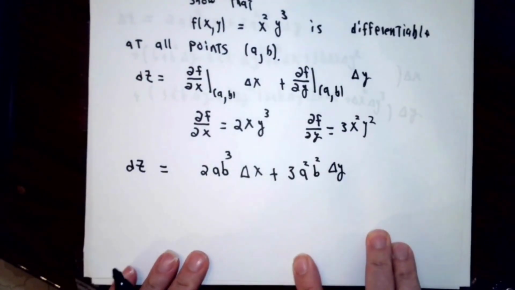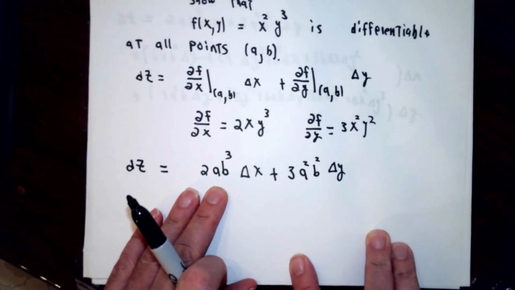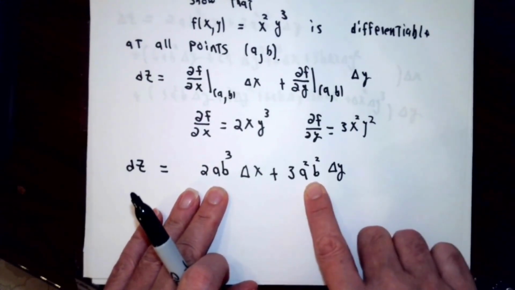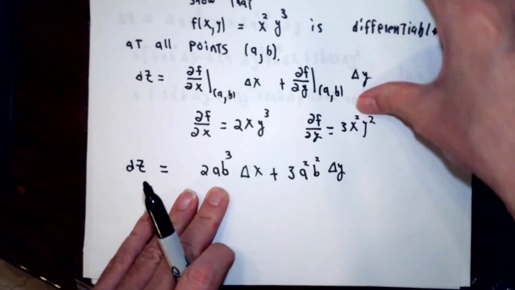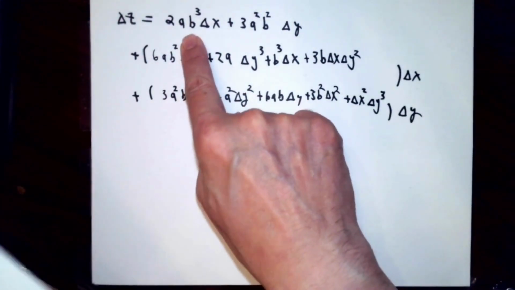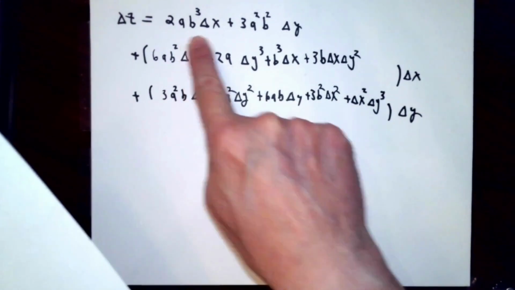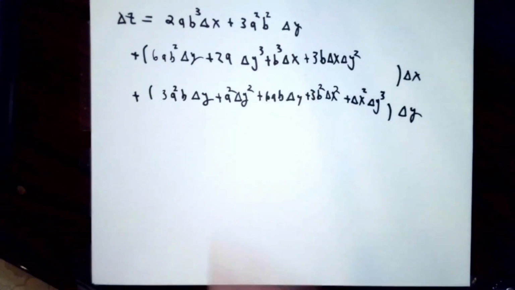When we calculated dz, it was 2ab cubed delta x plus 3a squared b squared delta y. Those first two terms actually form dz.